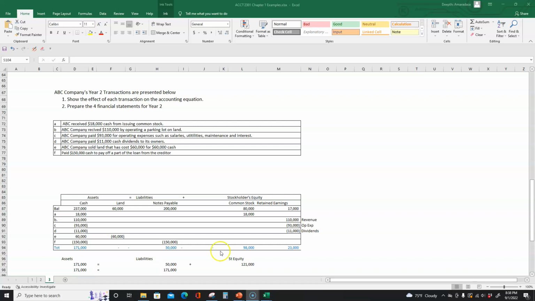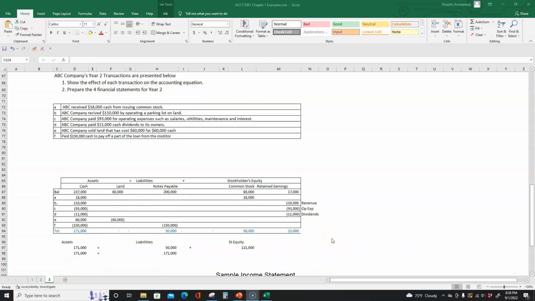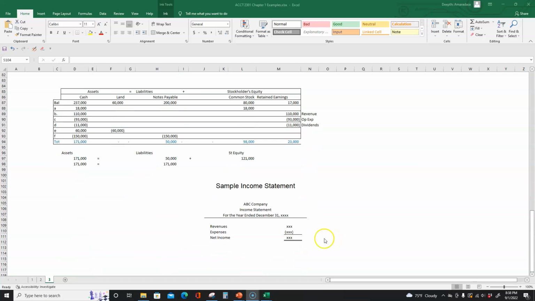When we were working on the problem, I did record which particular items were revenue, expenses, and dividends, because those would be helpful for me when I am preparing the financial statements. At the bottom here, I have a sample income statement. This is what the format of the income statement looks like, and I'm going to refer to that when I'm preparing financial statements.